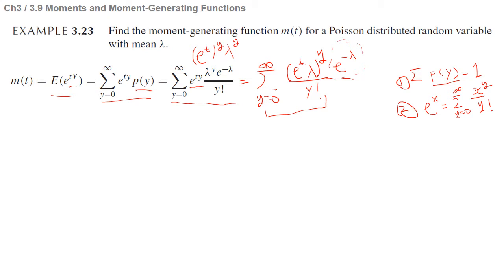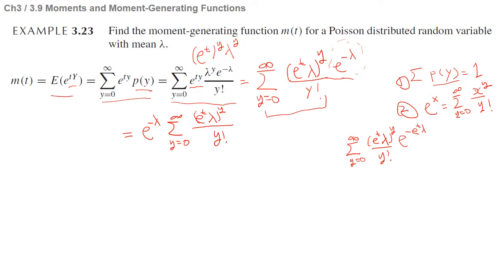Let's use the first one first. This becomes e to the minus lambda times the sum from y equals 0 to infinity of (e to the t lambda) to the y over y factorial. If a random variable follows a Poisson distribution with mean e to the t lambda, then the sum of (e to the t lambda) to the y over y factorial times e to the minus e to the t lambda will be 1.